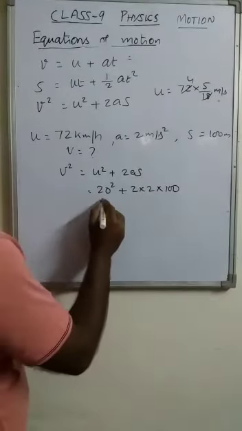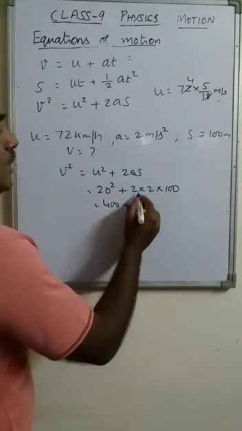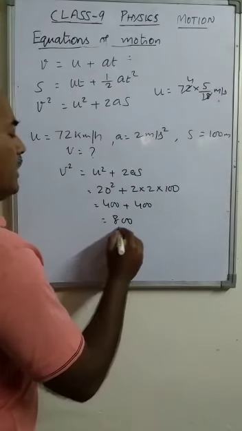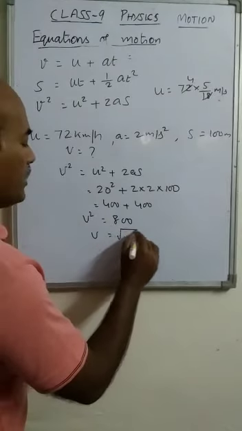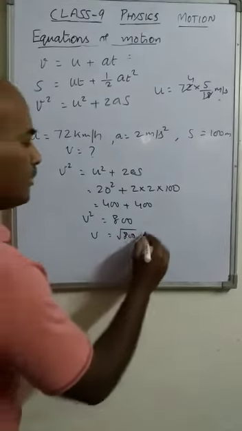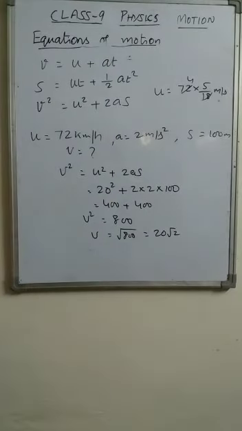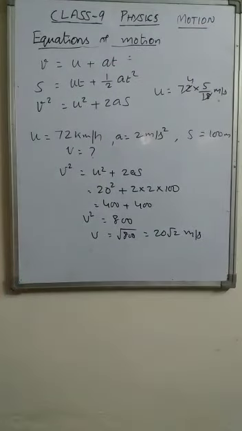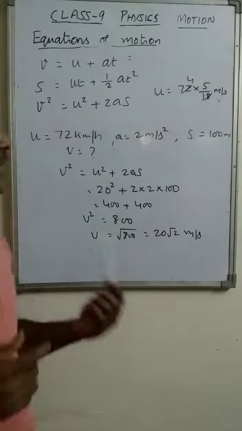Now if we calculate, this is 400 plus 400, and it comes 800. If we find the square root of this 800, then it is 20 under root 2. That is the final velocity of this object. This is a simple example. Like this, there are so many examples that we'll see in the next session.